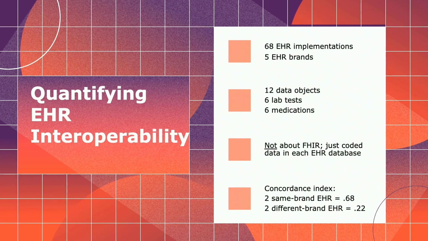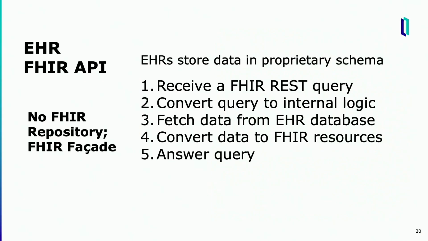If they looked at those 12 data objects for 2 different EHR systems, the correspondence index was 0.22. So the data that's there to begin with just isn't that similar. Once again, there is no FHIR in the EHR. There is a FHIR API in a certified EHR because it's required to have one.